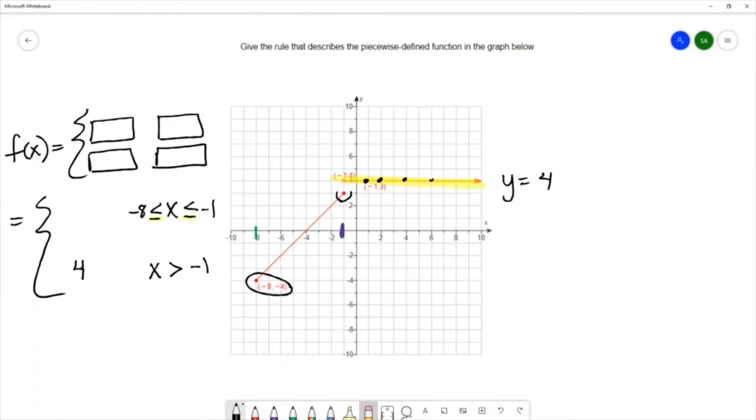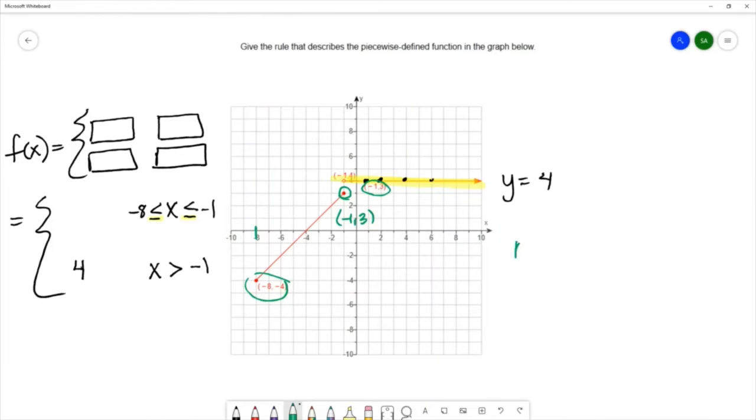The other line is a little bit harder to find, but it is a straight line, and we do have 2 points on that line. And so we're going to be able to calculate the slope and to find the y-intercept. So this point right here is the point -1, 3, and the other point is -8, 4.